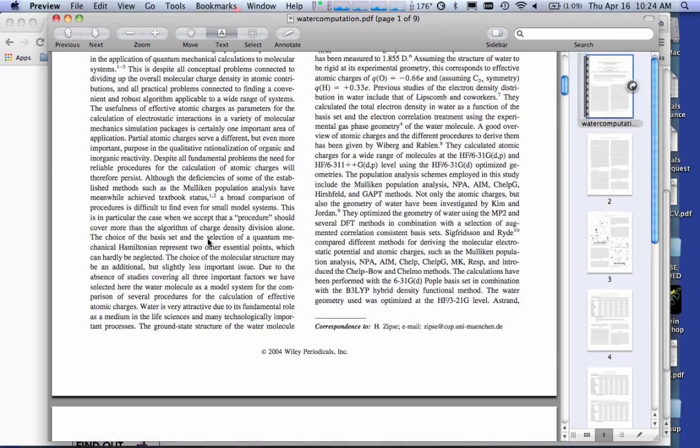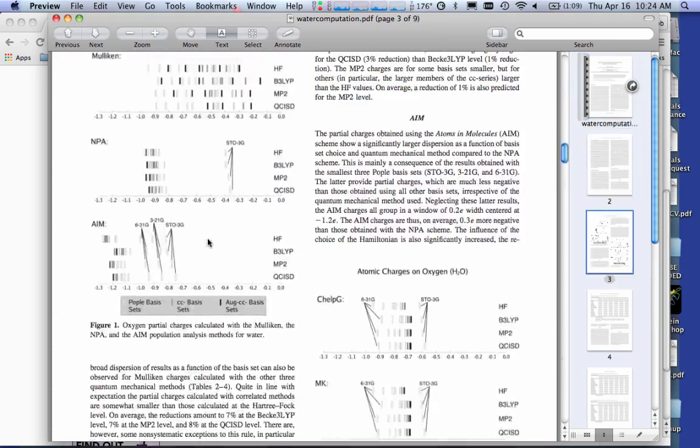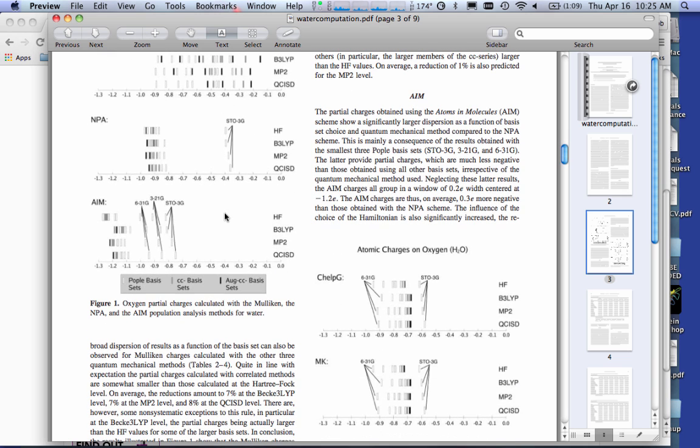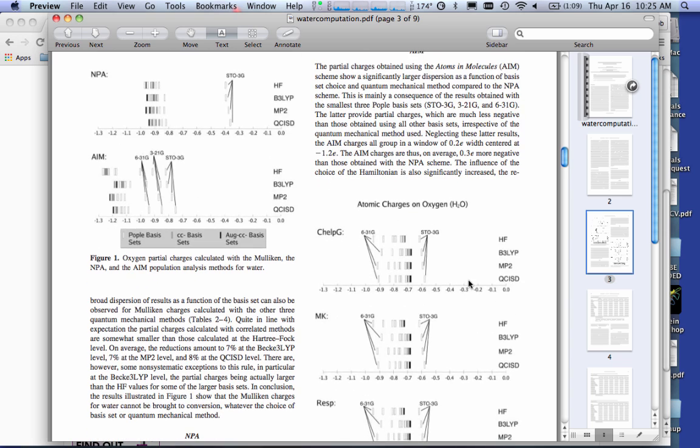So I got that somewhere up above in the article. So I look at this method here. If I look at 0.6 as the right answer, all of these methods here are sort of all over the place. For NPA, this method here, I got some good answers here and some here. For AIM, I got this answer, and again, 0.6 is my answer.